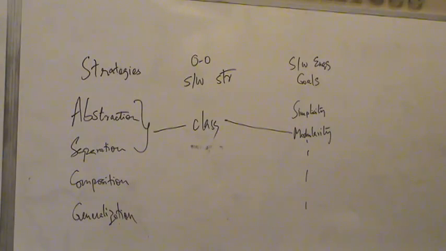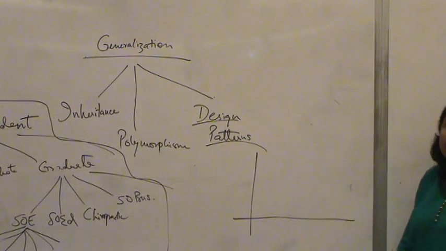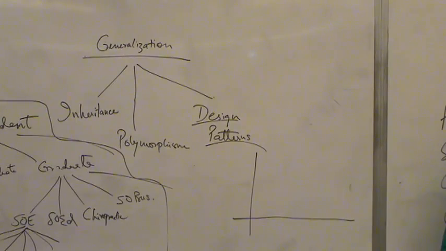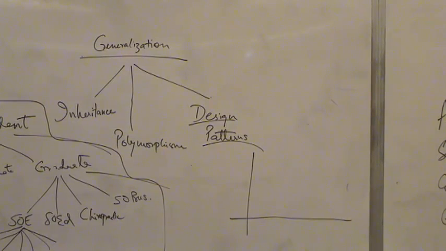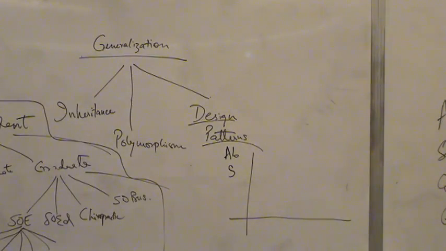Here is another one that is typically difficult to put on the board. Let's see how we want to do this. What you have on this other slide is basically an x-axis and a y-axis. On the y-axis you have all your strategies. So you start with your abstraction, your separation, move on to composition.